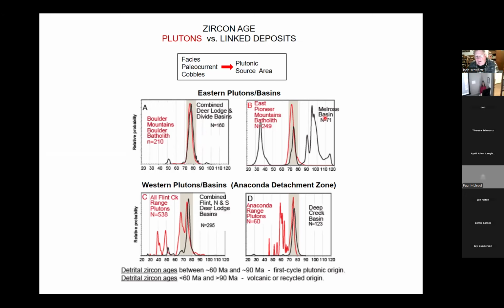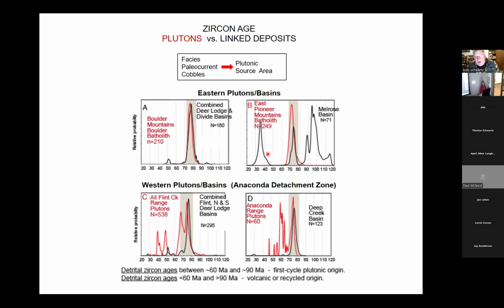Let's go down to the Melrose Basin. Well, the detrital zircon plot for the deposits linked to the East Pioneers is a lot messier, but easy to explain. These are all recycled zircon grains that are associated with late Cretaceous deposits, such as Blackleaf Formation deposits and Frontier Formation.